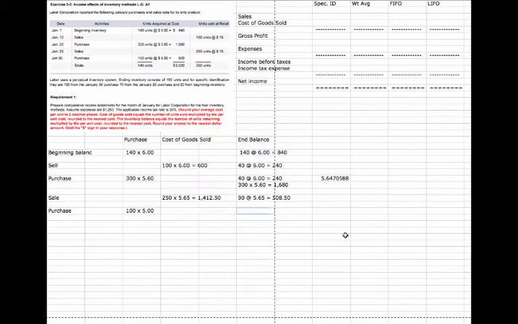So now what I have here is I have 90 items at $5.65, which gave me $508.50. Plus, I have now 100 items times $5, which will give me 500.